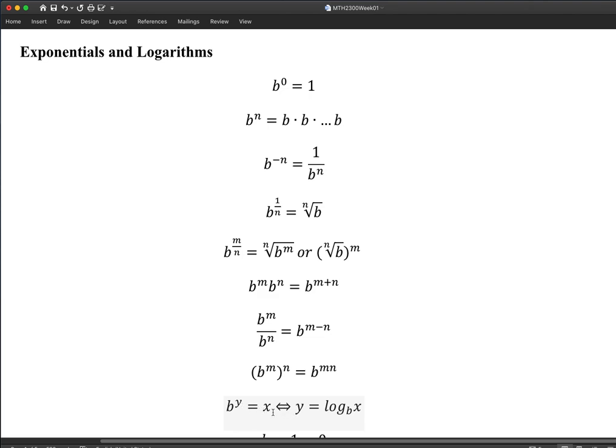Focus on the exponent, so the exponent is a logarithm. The base of the exponential term is the base of the logarithm too. Y is log base b of x. I'm saying two things. A logarithm is used to represent an exponent, and a logarithm is an inverse of an exponential term.